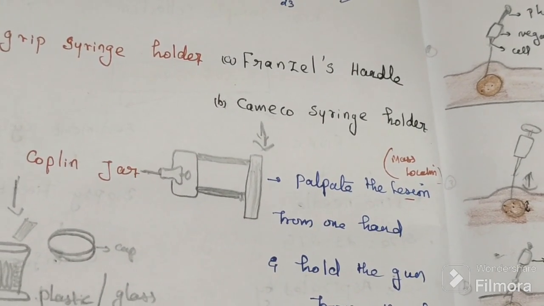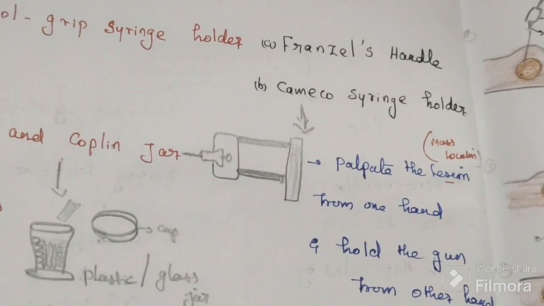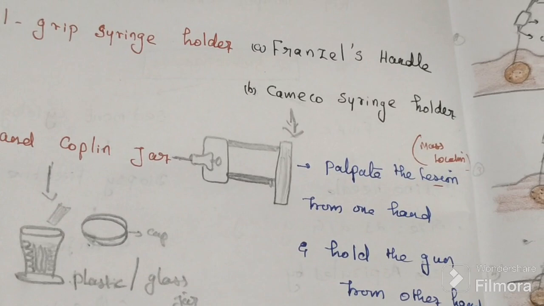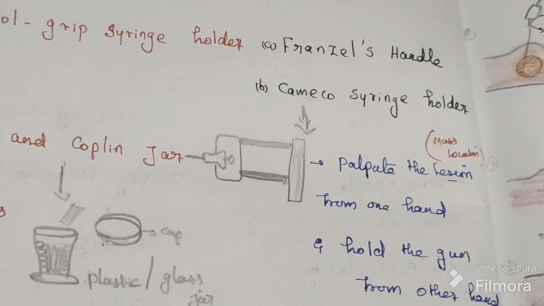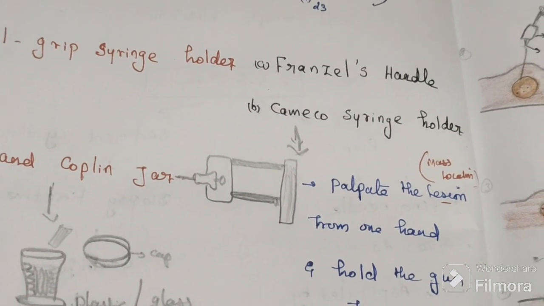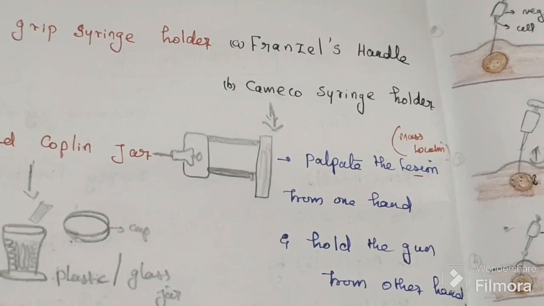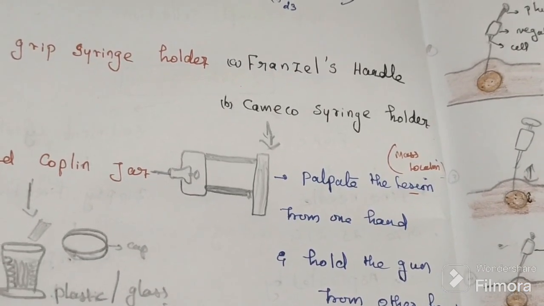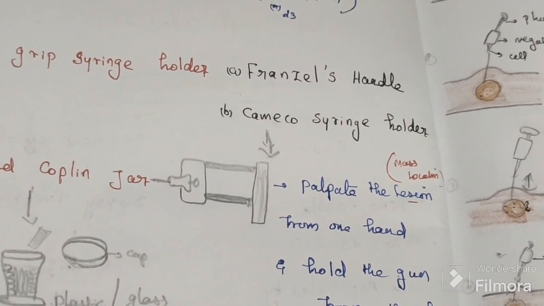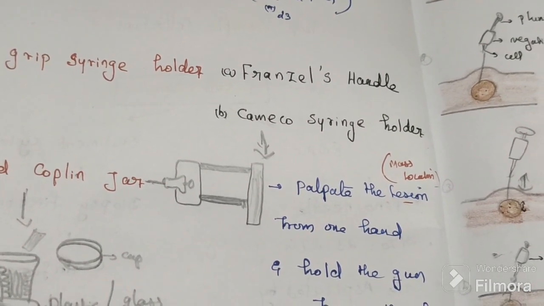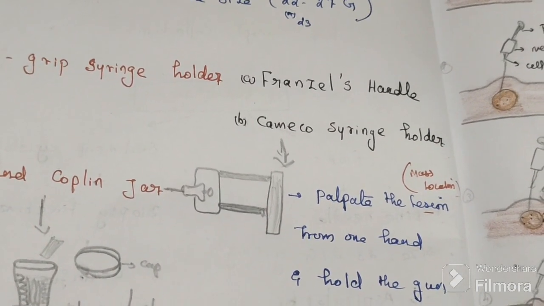Basic purpose is to help the pathologist or clinician to palpate the lesion with one hand and the second hand holds the gun, so they can do the biopsy. This is the basic advantage. One hand free for mass location, one hand free for taking biopsy.